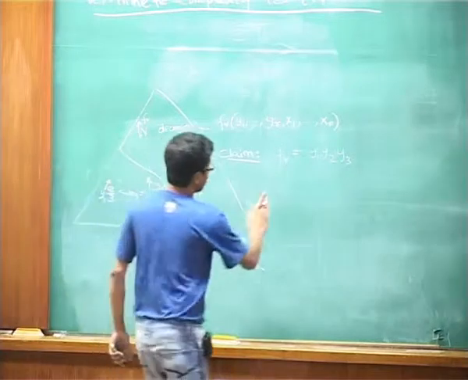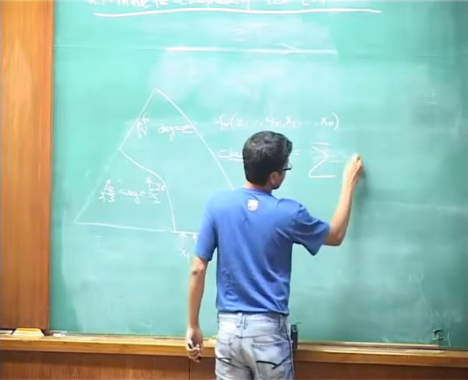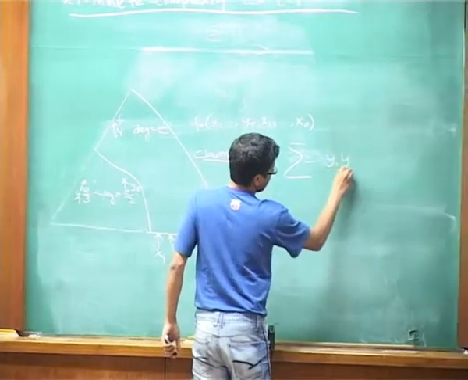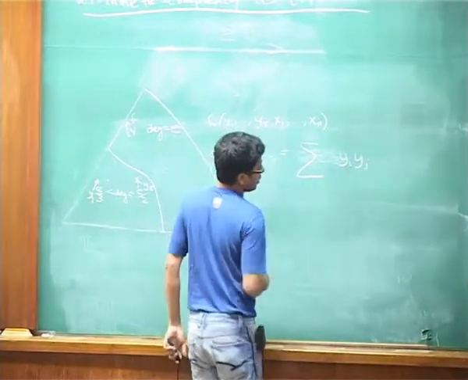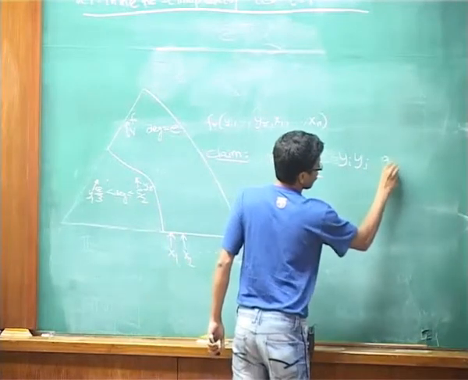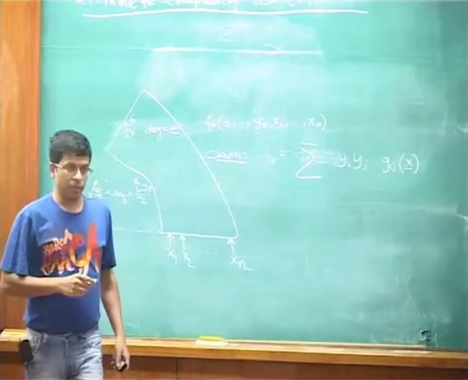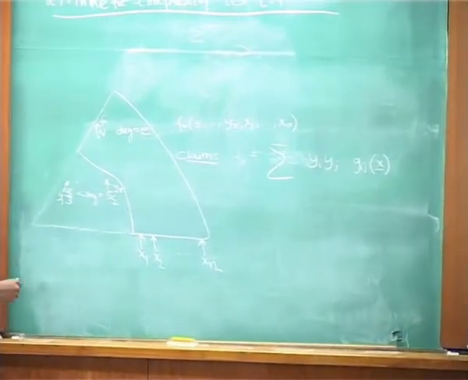So as a polynomial over the y variables, it looks like this. It's at most quadratic in the y variables, and the coefficients are some polynomials over the x variables.